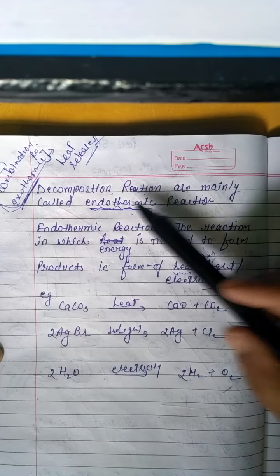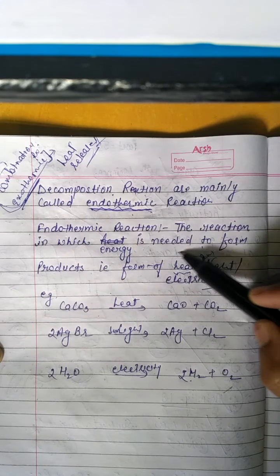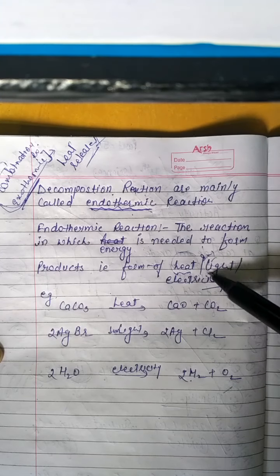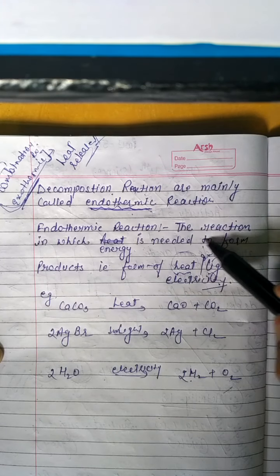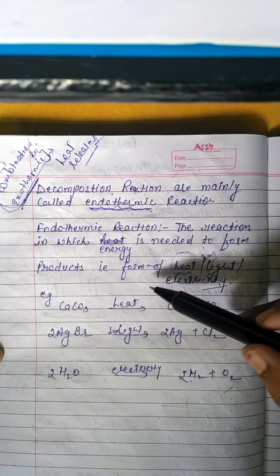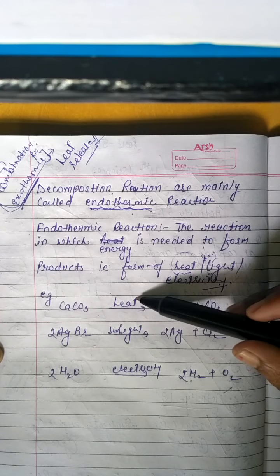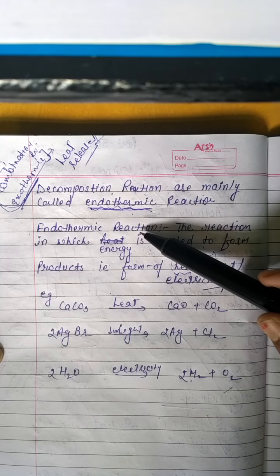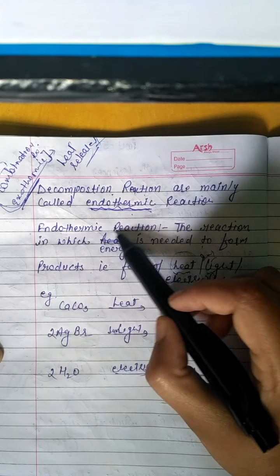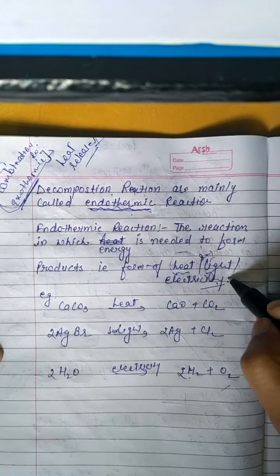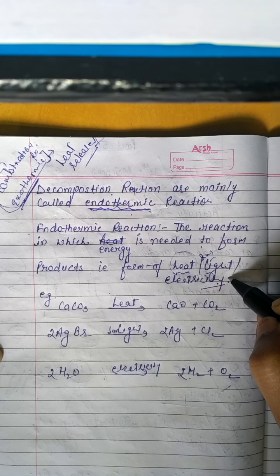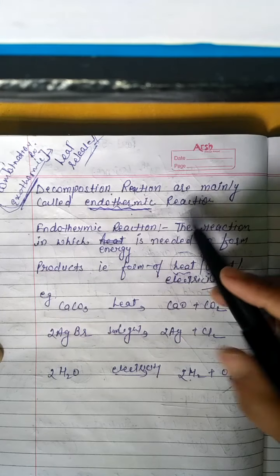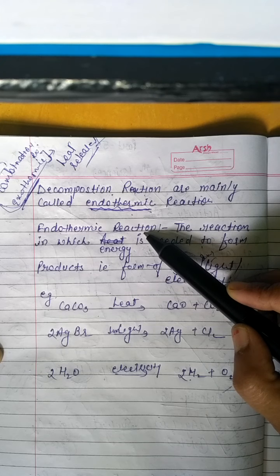In decomposition we are using heat, sunlight, electricity. Without these, the decomposition reaction does not take place. So that's why decomposition reaction is mostly an endothermic reaction, in which heat is required, absorbed to form a product.